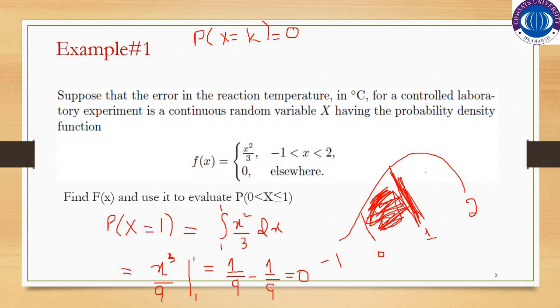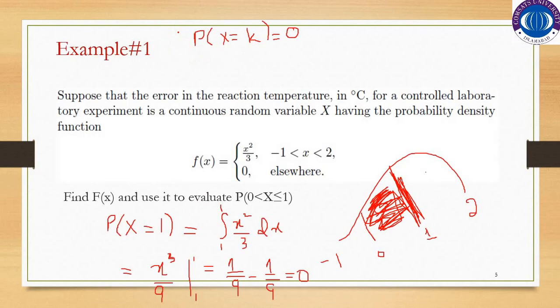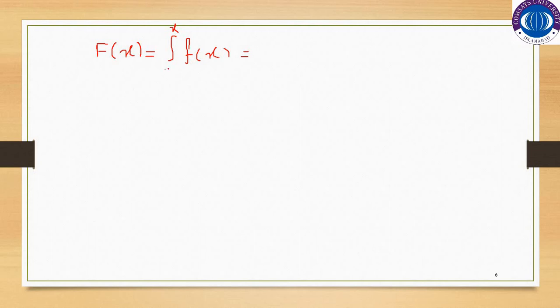Now what we have to find? Capital F of x. You have to find it by integrating the function from the lower limit to the point x, and the lower limit is -1. Here should be dx.